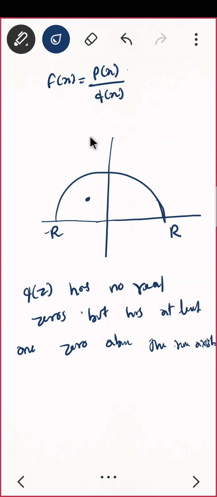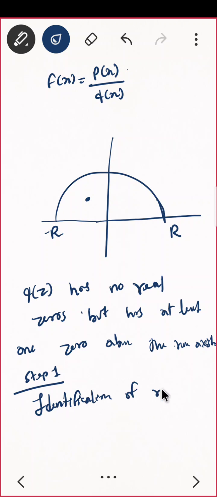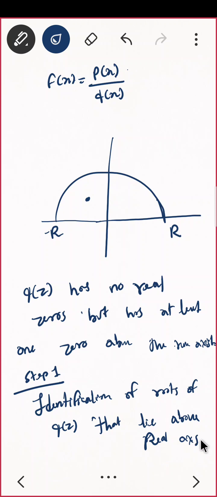If you go on solving this, the first step will be identification of the roots of q of z that lie above the x-axis, the real axis, and name them as z1, z2, z3.